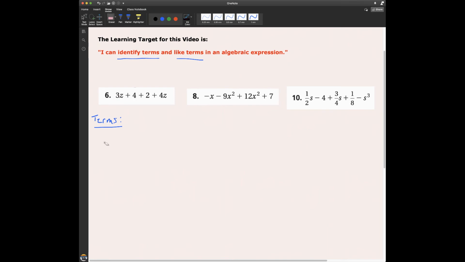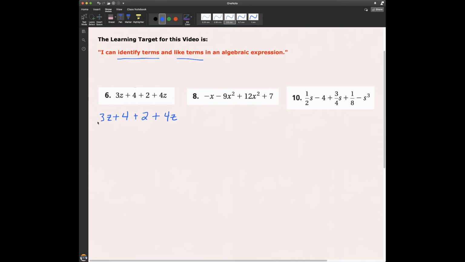Actually, let me erase this because I want to do that first. Let me write this first expression down: 3z plus 4 plus 2 plus 4z.